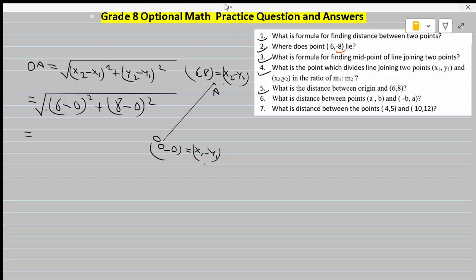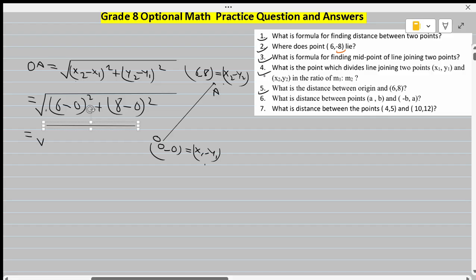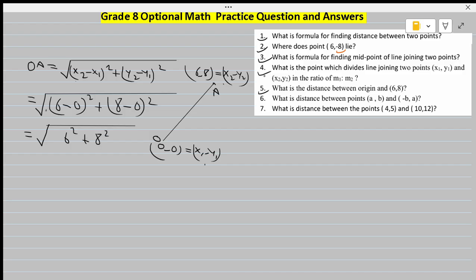So we get 6 minus 0, 6, squared, and 8 minus 0, 8, squared. 6 squared is 36 and 8 squared is 64. The sum of 36 and 64 is 100, and 100 is a square number, the square of 10, so the square root is 10. Therefore we can conclude the distance between the origin and (6, 8) is 10 units.